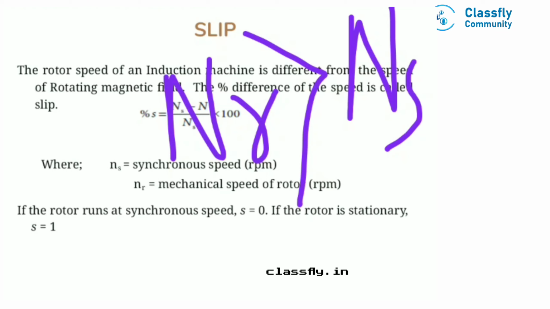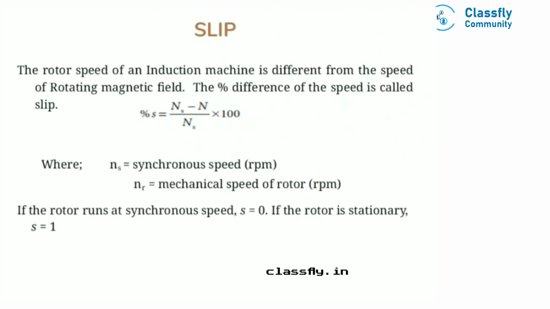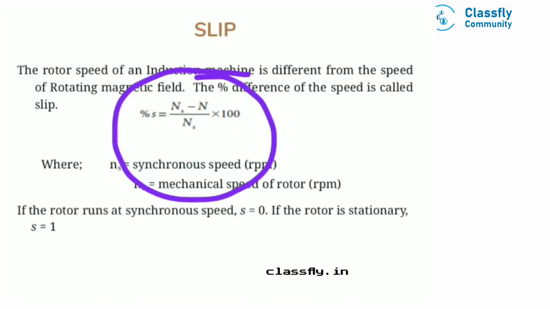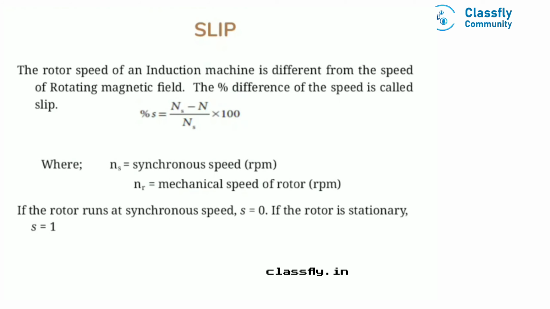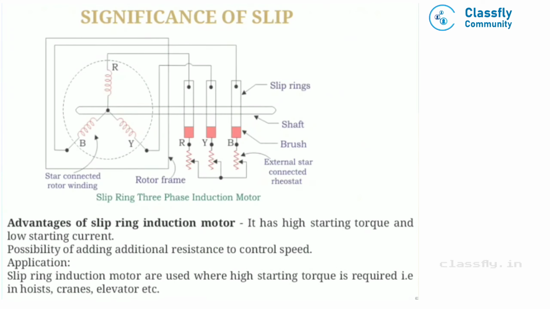Okay, so I hope you understood what slip is and how we need to bring out the slip percentage. Now we should know the significance of slip and the advantages. So see, here we can see a circuit connection, right?